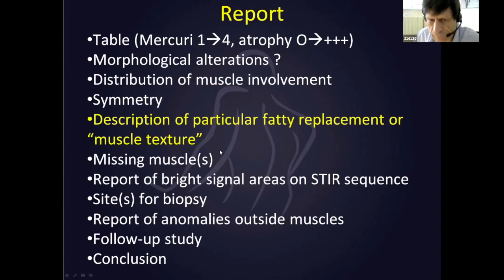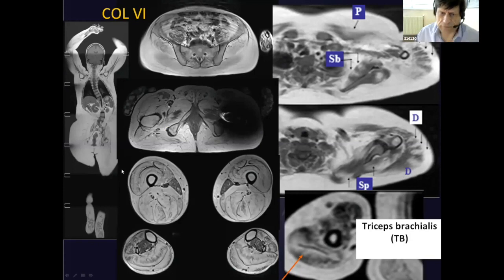Here it is only visual analysis of the very gross texture of the muscle. For example, in this case, you have huge fatty replacement of all muscles. You have joint retraction and deformities.